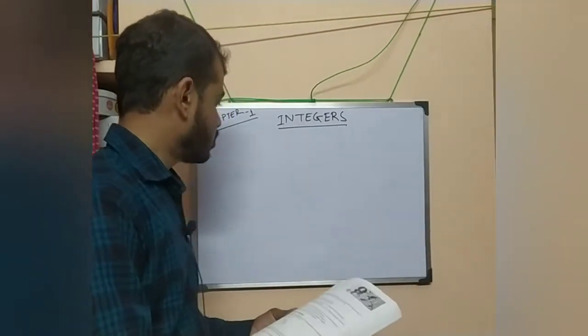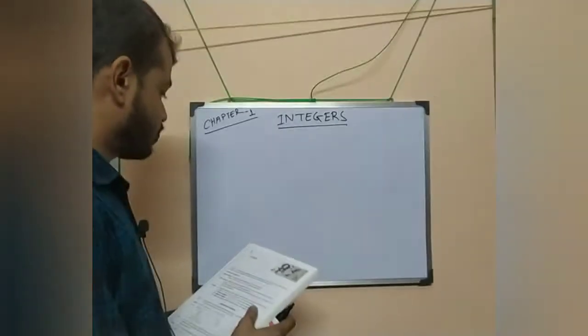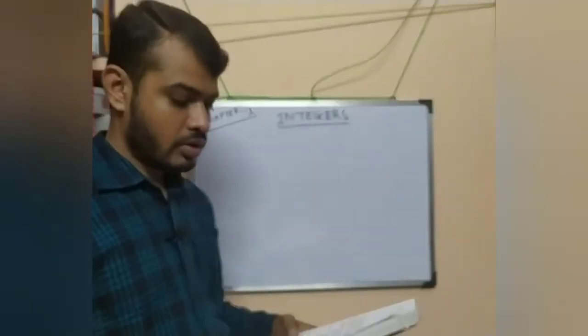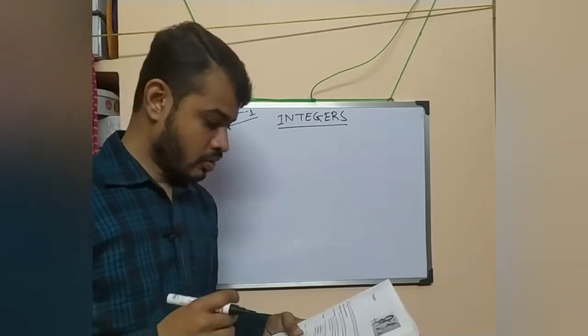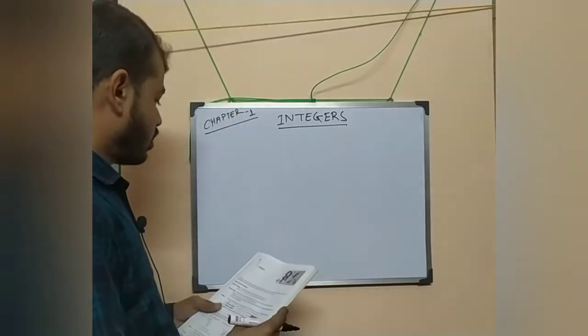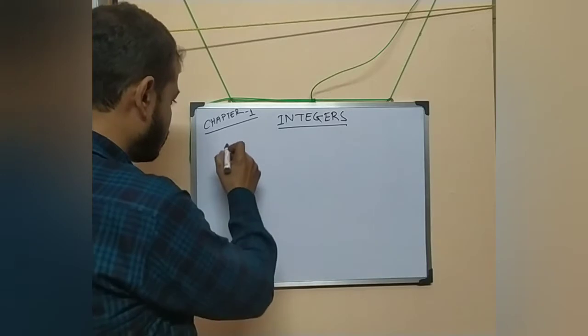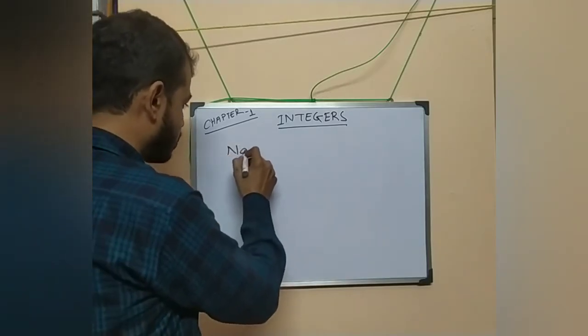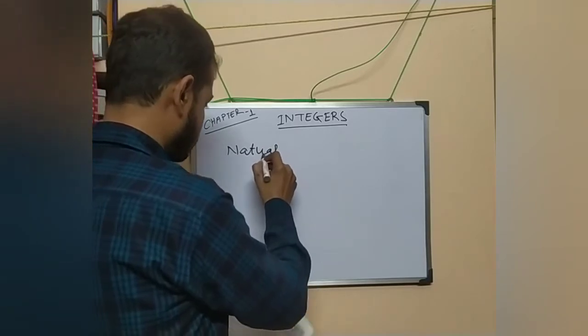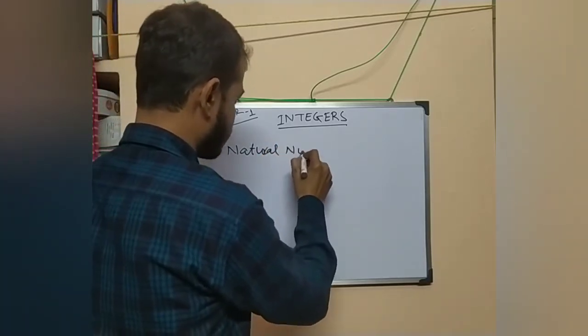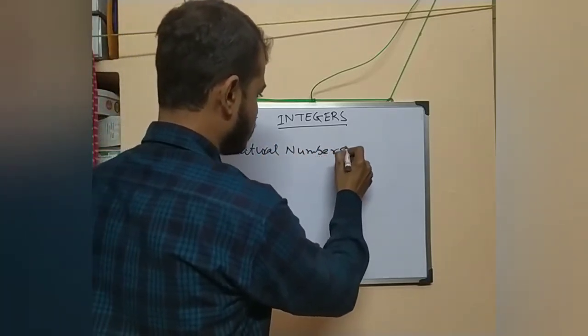Now we start chapter number 1, integers. Also in class 6 we learned about integers and various operations on them. So here we first learn what a natural number is.